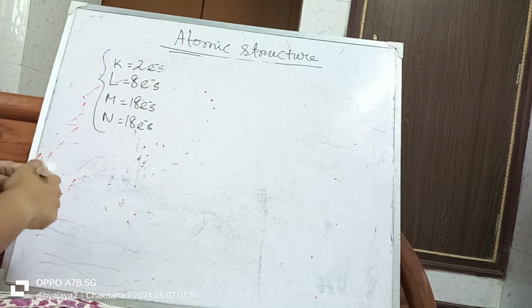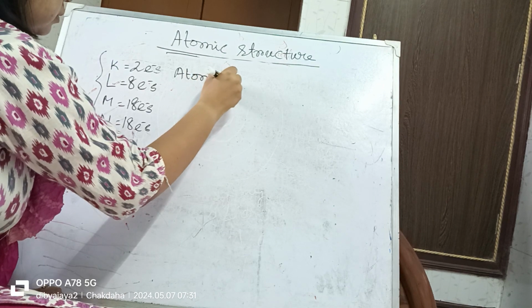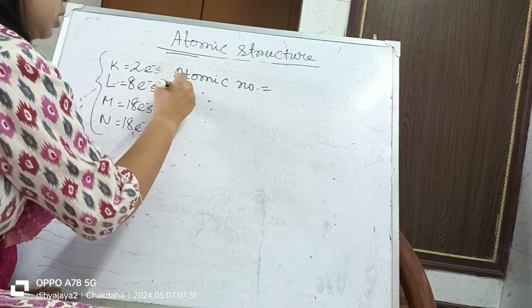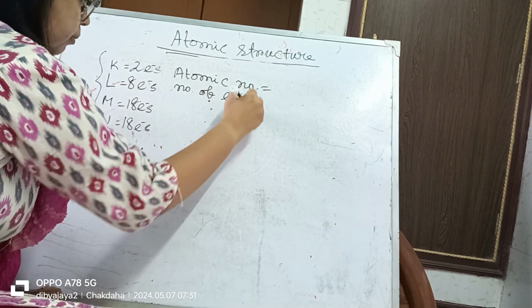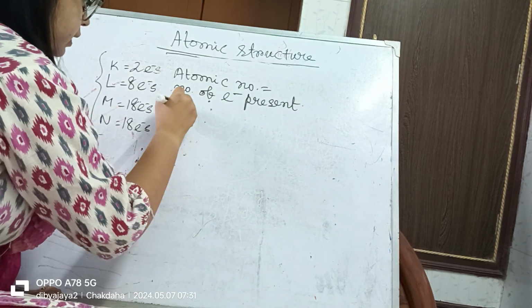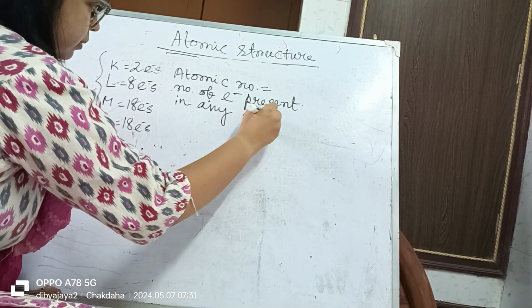Atomic number is the number of electrons present in any atom.